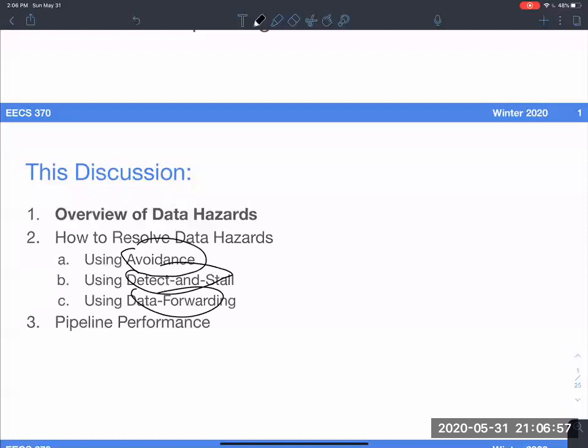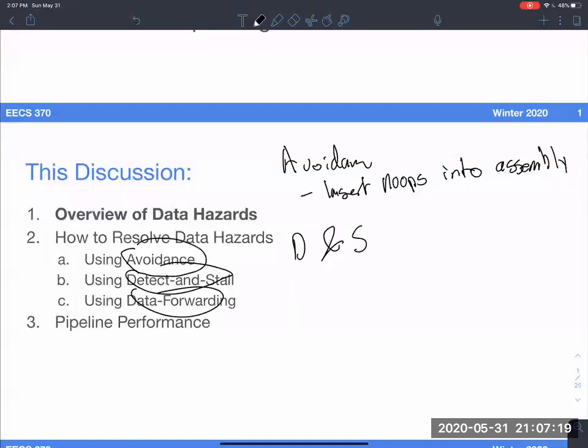For avoidance, we insert no-ops into the assembly code. And as you can imagine, since we're inserting no-ops into assembly code, this is more work for the programmer. Detect and stall: we insert no-ops at the hardware level.